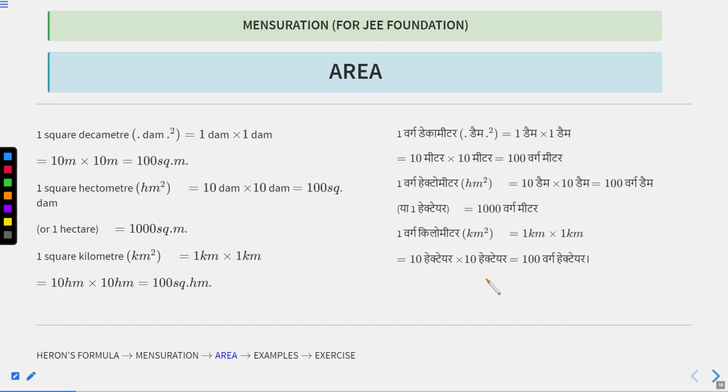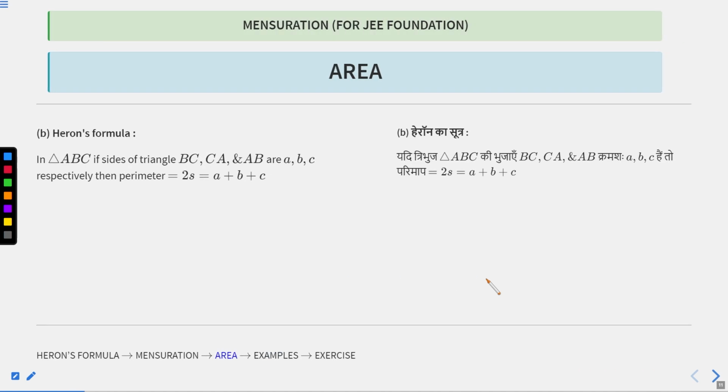These are the same things. Let's move on. So Heron's formula. Heron's formula is a very easy formula to evaluate the area of any triangle, only when the sides of the triangle are given. If you have the sides of the triangle, then you can easily evaluate the area without facing any difficulty.